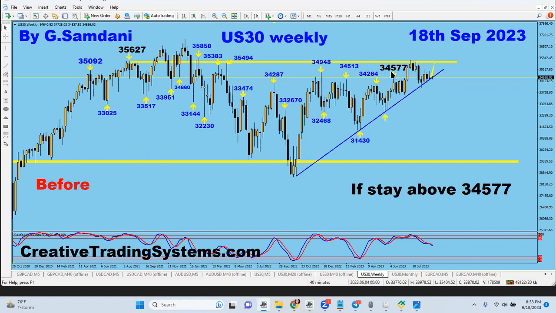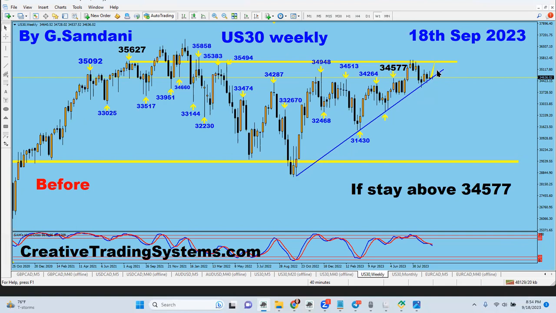So be aware, this number is very important, 34,577. Some kind of fundamental event is going to make this thing move, maybe tomorrow morning when the market opens. But which direction is the key. If we stay above 34,577 and start to go to the upside, you find your entry.